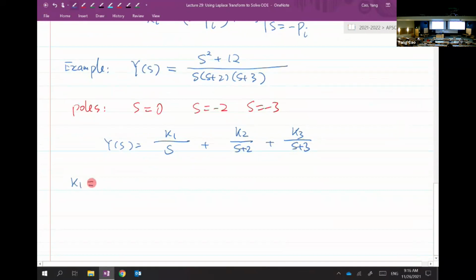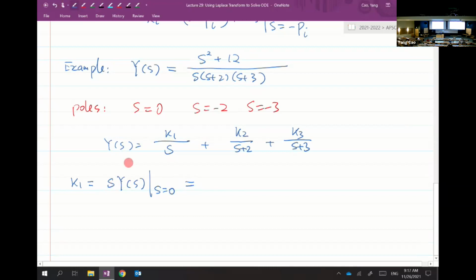For k1, I'm going to use the formula. It's s multiplied by Y(s), and then replace s with 0. That's the first pole associated with it. You can see the reason why you multiply by s first and then replace s with 0.